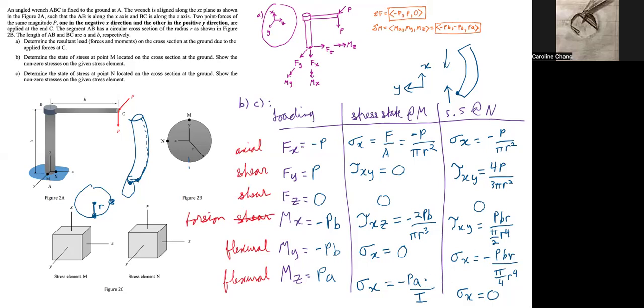We also know that I is the moment of inertia around the centroid of a circular cross-section and is going to be given by pi over 4 r to the power of 4. So that is our final answer.